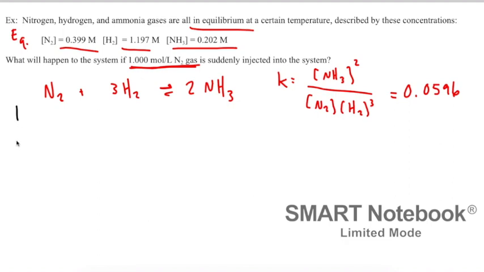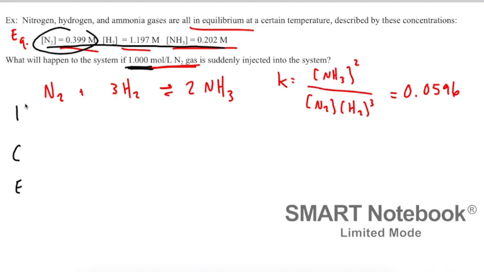And my initial values, do not be fooled here, these values were for the system at equilibrium. I just brought the system away from equilibrium by changing the N2, by adding some to it. So my initial N2 is not 0.399. That's an old initial state, but I'm curious about what happened after I formed a new initial state, after I added the 1.